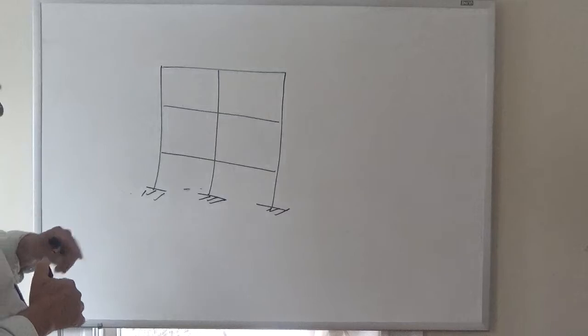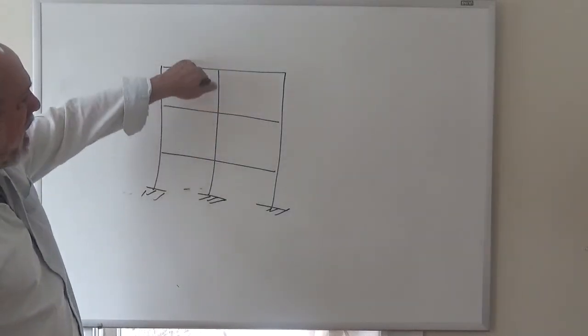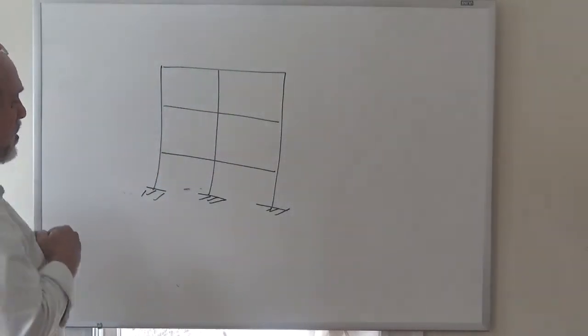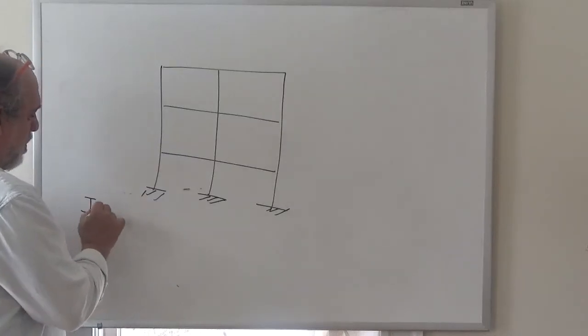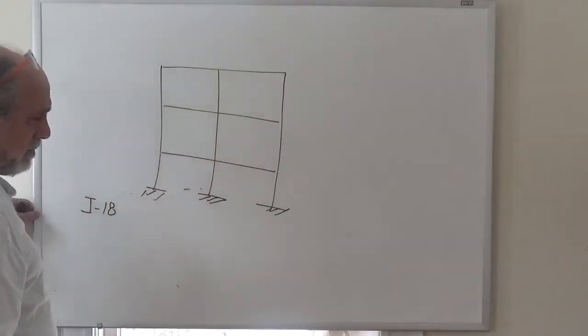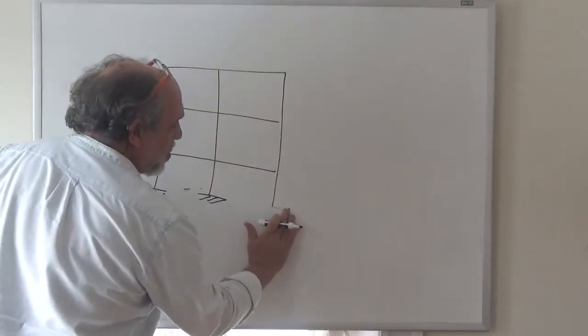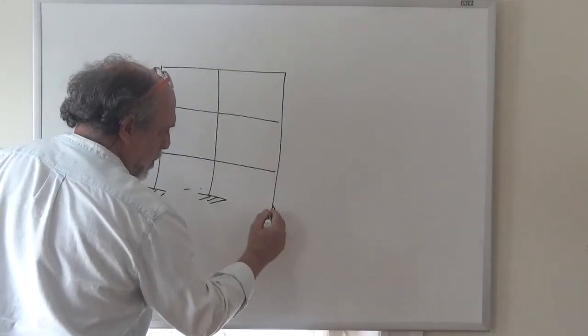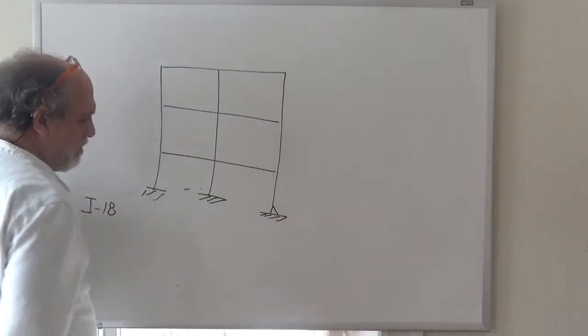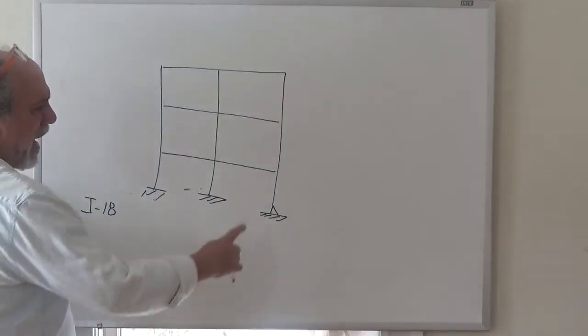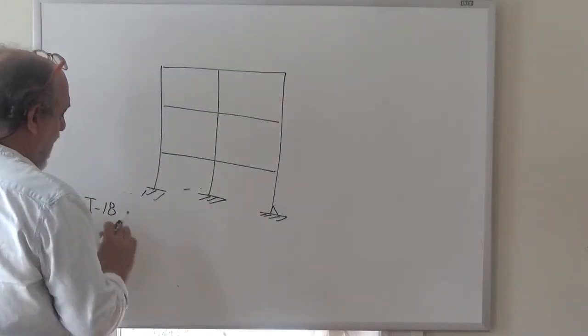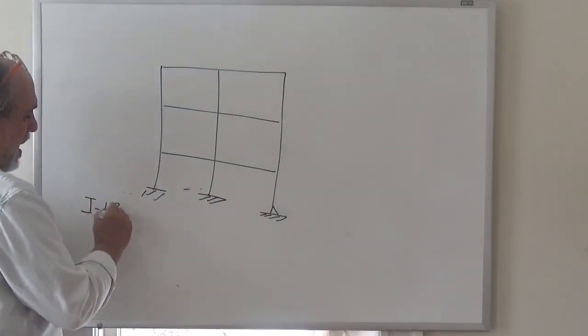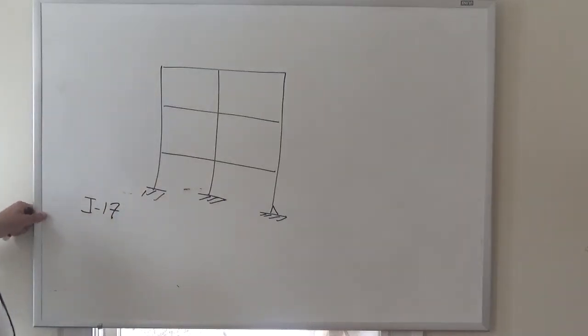I'm not going to open it. It's just obviously 3, 6, 9 times 2 is 18, right? So we start with that frame would be I18. But now let's say that this support was not fixed, but was a pin. Then what happened? I got rid of one moment here, so now the structure became I17, right?